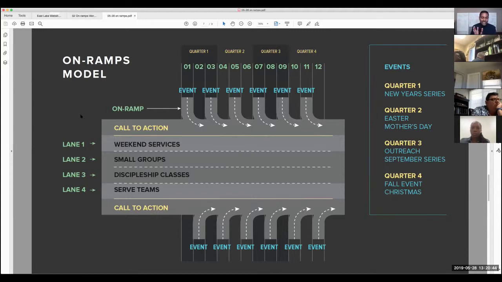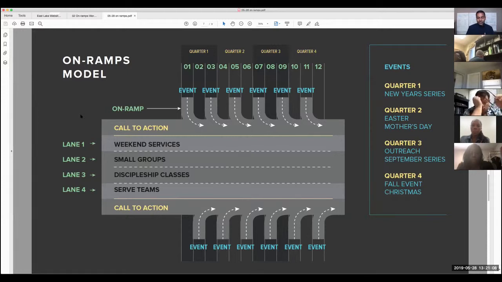And then at the end of it, there's a call to action, maybe some tables in the back of the room where you can now sign up for a small group. And that's truly the win that moves the needle for your church, because that's where people start to connect with each other.